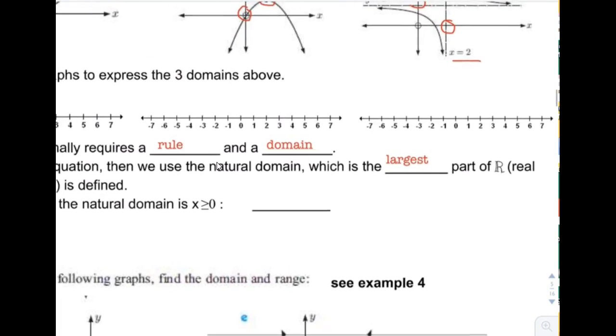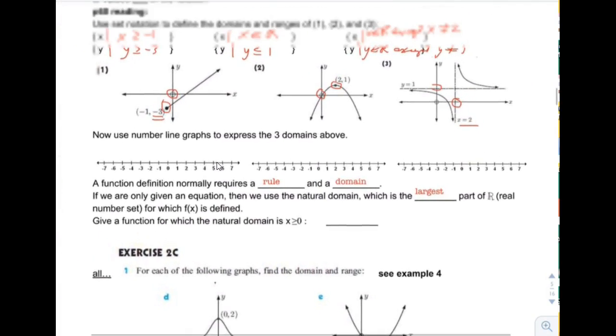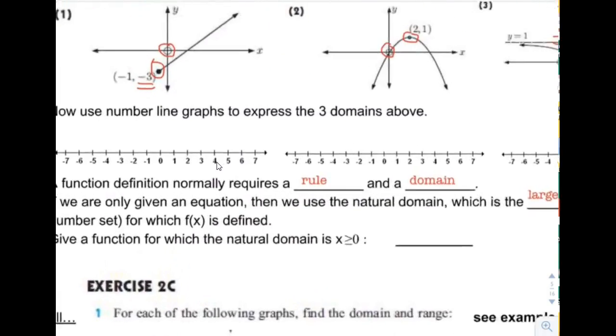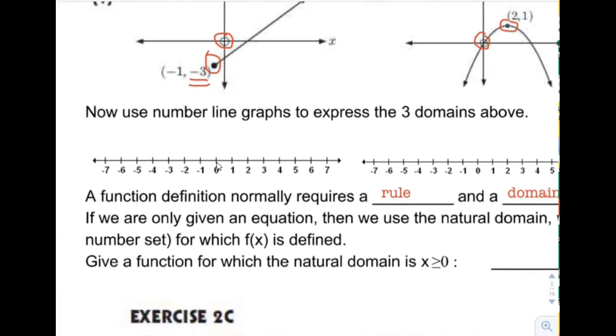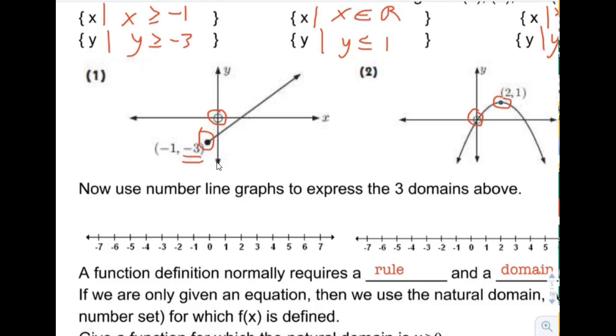Alright, now we're going to use number lines to express these three domains. Again, we're going to use closed circles and open circles to show when the function exists. Like here, we said that it exists for x greater than or equal to -1.